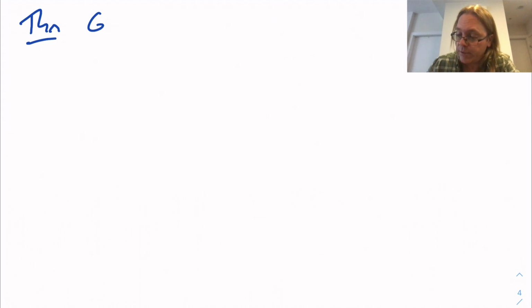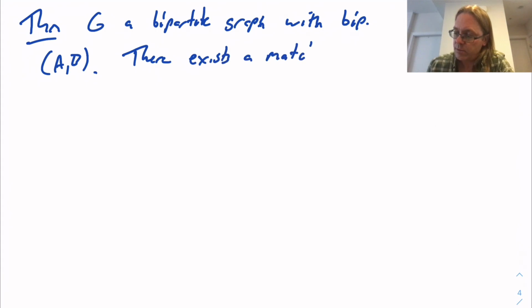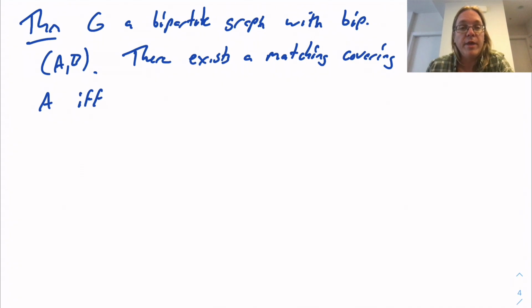G is going to be a bipartite graph with bipartition A, B. And what we want is a matching that covers A. The theorem is going to be: there exists a matching covering A if and only if there does not exist this obvious obstruction.